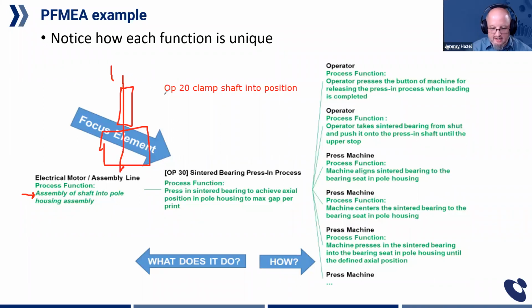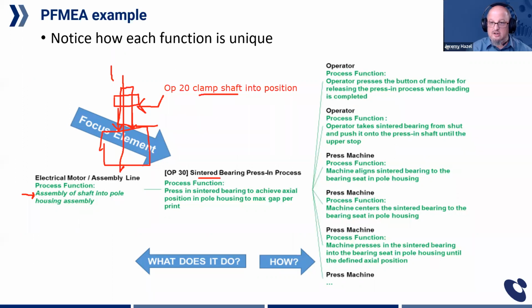So op 20 is going to clamp the shaft into position. Now, op 30 is going to press this bushing onto the shaft. So op 20 clamps the shaft into position. Op 30 presses the centered bearing into the shaft to the correct axial position.